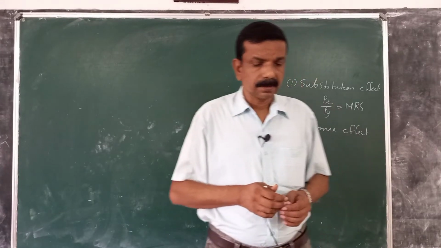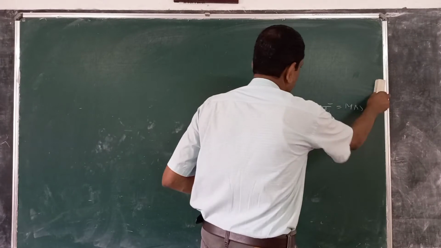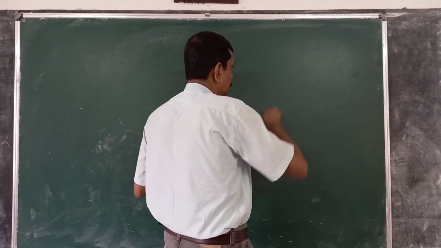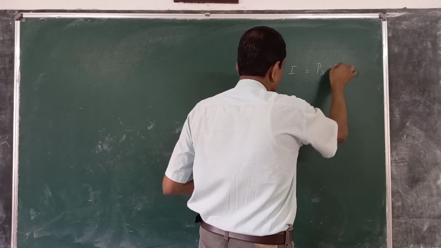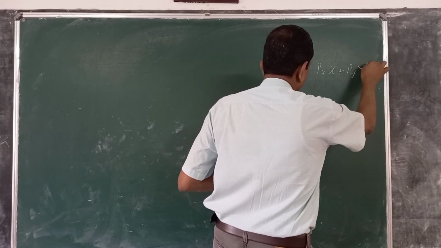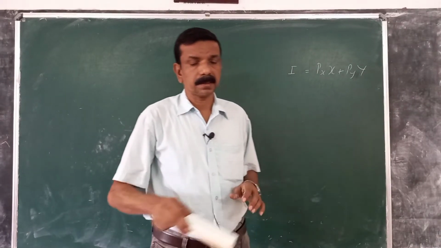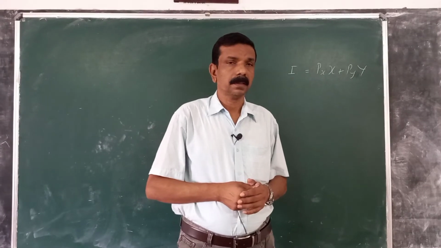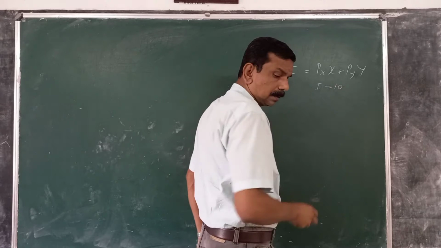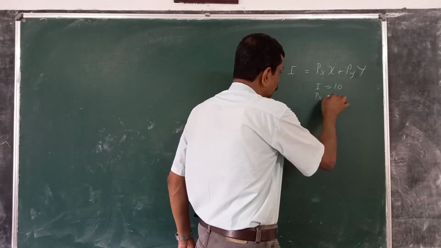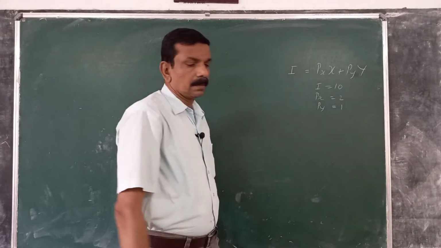To explain this, suppose that we are considering two commodities, X and Y, and also that the budget constraint is I equals Px into X plus Py into Y. Suppose that I is equal to 10, Px is equal to 2, Py is equal to 1.